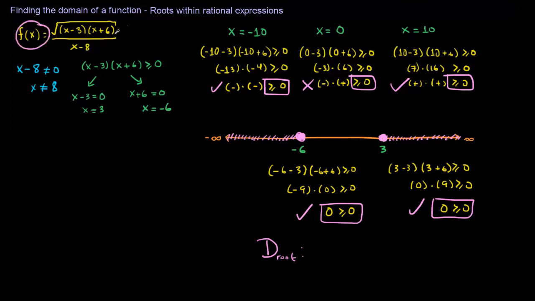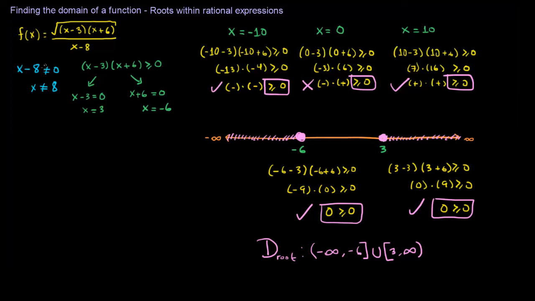I'm just talking of the root of this part. The domain of the root is telling us that you can put input values to that part of the expression from -infinite until -6 included, and we have to union it to from 3 to infinite. That would be the domain of the root.